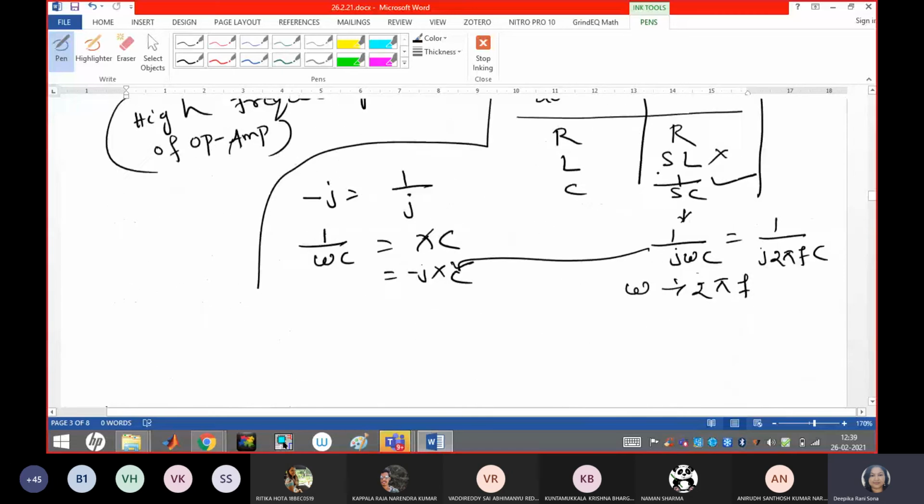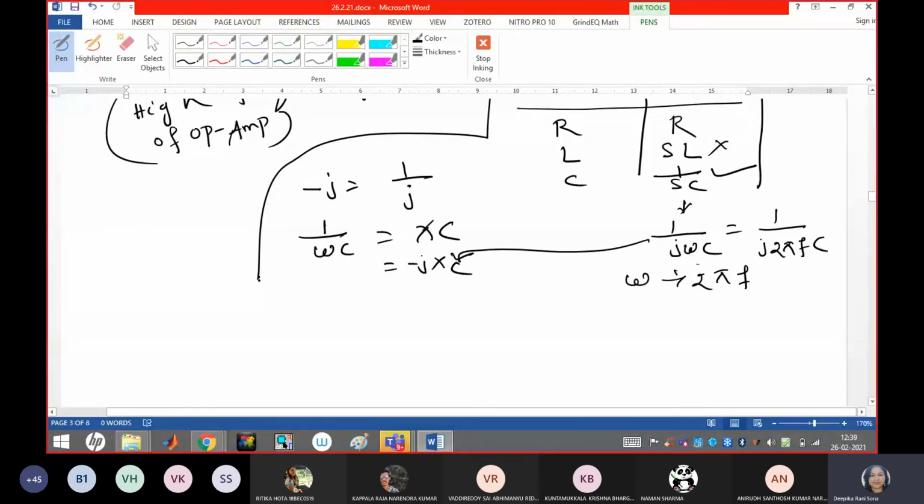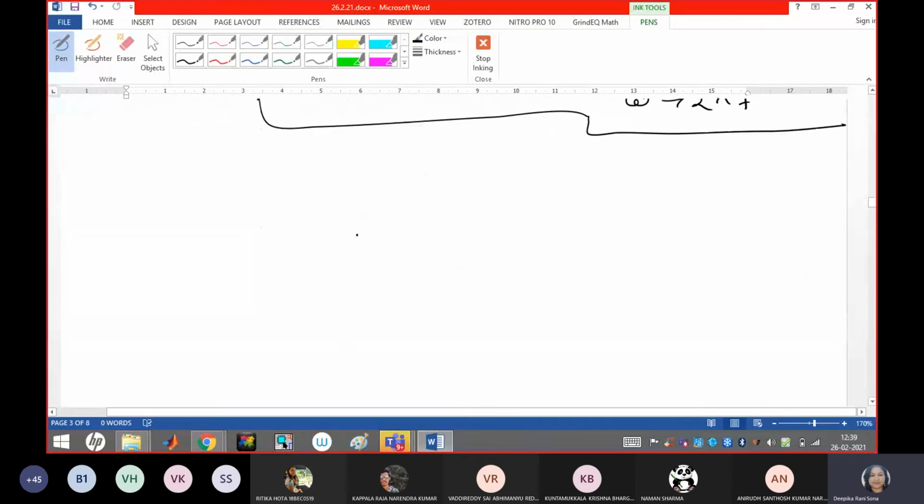So finally, when I am writing the V0 equation with respect to that voltage divider concept, how much do I have to multiply? Minus of JXC, whole into AOL, open loop gain, into VD, whole divided by how much?